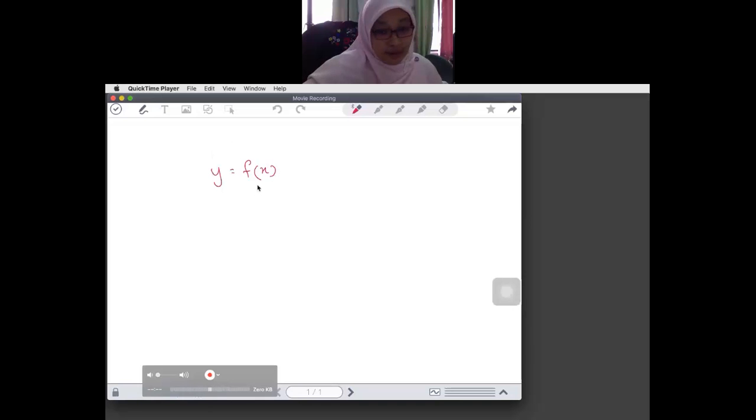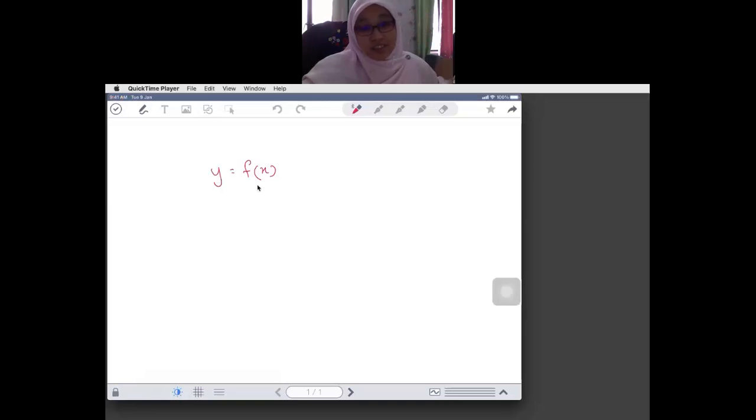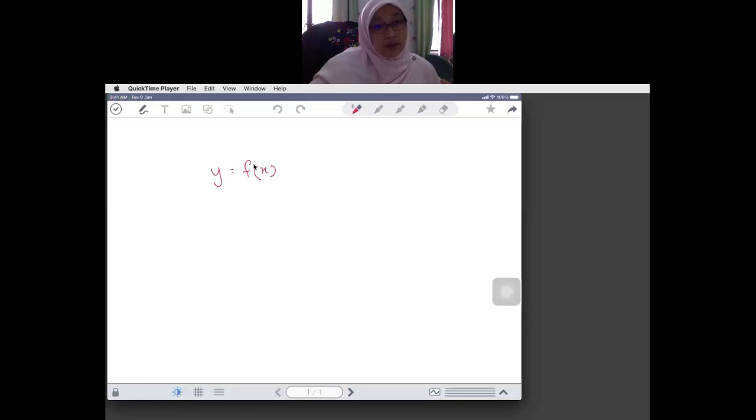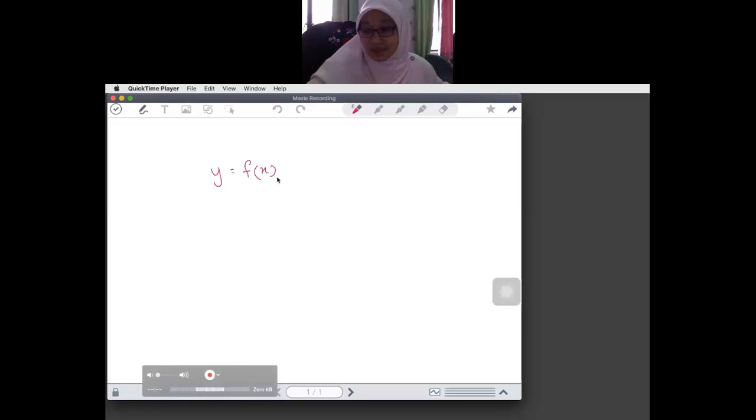You have hyperbolic functions, you differentiate them and so on. This kind of function is called a single variable function. So when you have a single variable function, how about the graph of this function? What is the dimensional system that you have to sketch the graph in? Anyone can answer me?